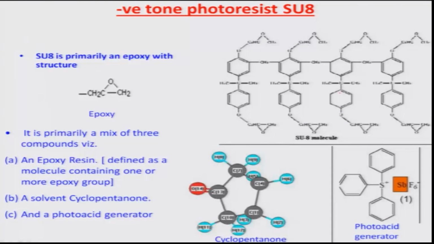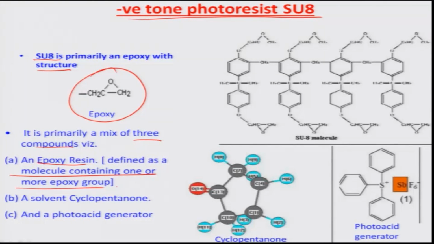And let us look at the basic theory behind the photoresist, and this is about SU8, which is actually a negative tone photoresist. So you have an epoxy like structure of the resist, and it primarily comprises 3 different compounds. One is the epoxy resin, defined as a molecule containing 1 or more epoxy groups, a solvent which is used for mostly carrying the epoxy resin throughout the coated surface.